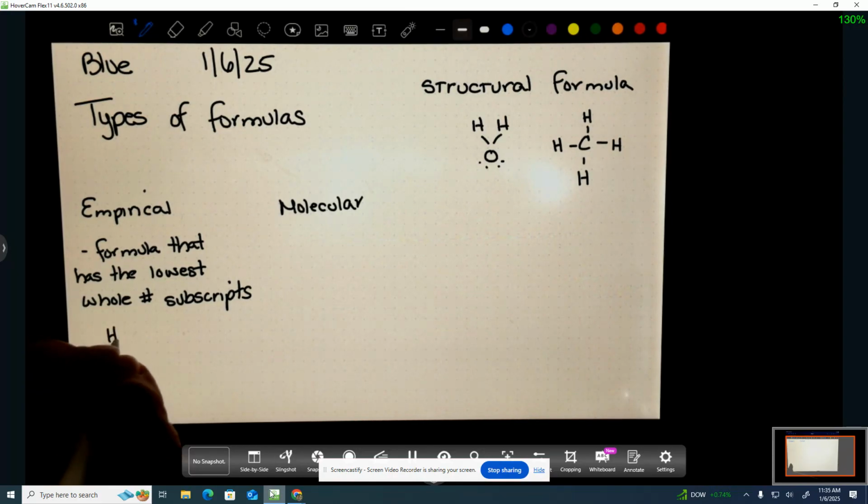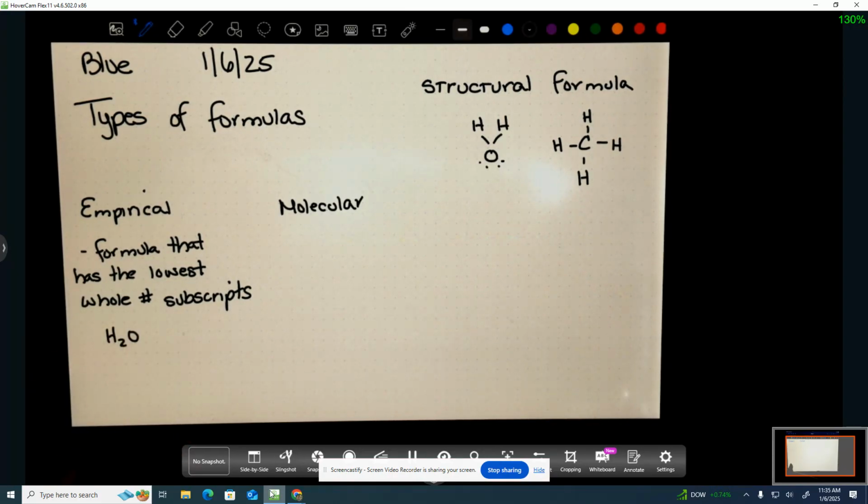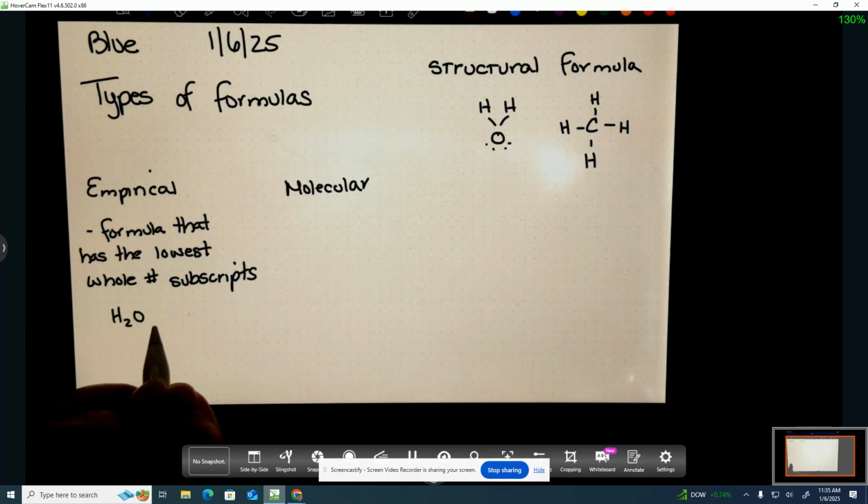So H2O would be an empirical formula because my subscripts are 2 and 1, and I can't reduce them any further. They're in the lowest whole number ratio. So my ratio of hydrogens to oxygens is 2 to 1. I can't get them any lower. I've got 2 hydrogens for every 1 oxygen. That's an empirical formula.